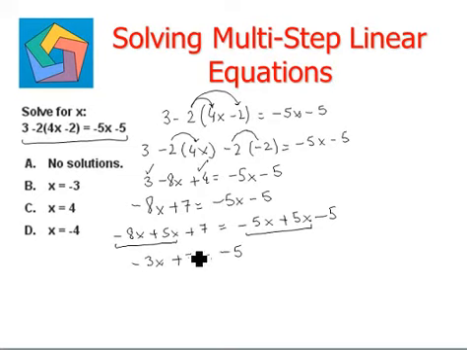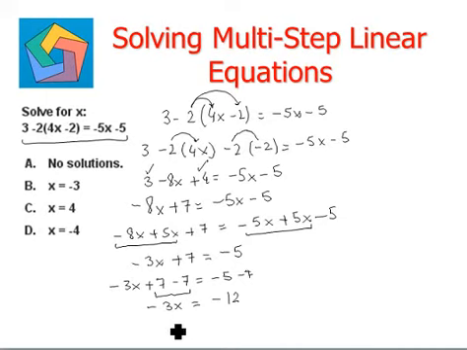Now first we take the 7 to the right side by subtracting 7 on both sides. Let's see what we get. Now this becomes 0. So we're left with negative 3x equals negative 5 minus 7, which is negative 12.